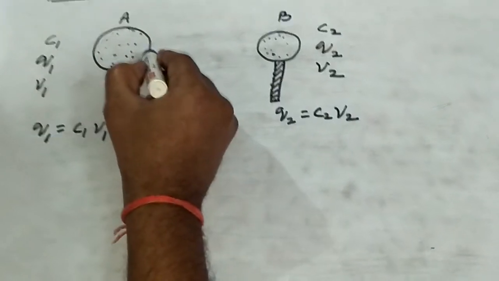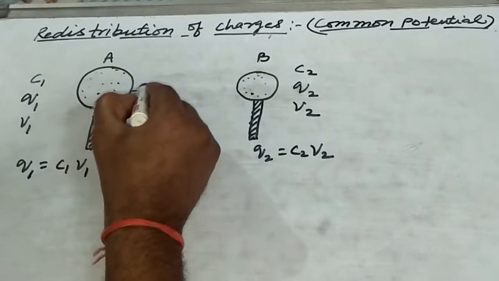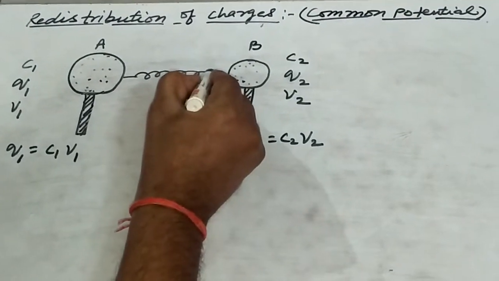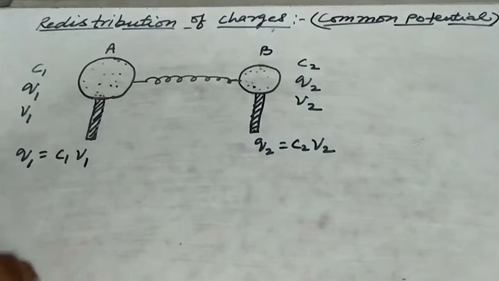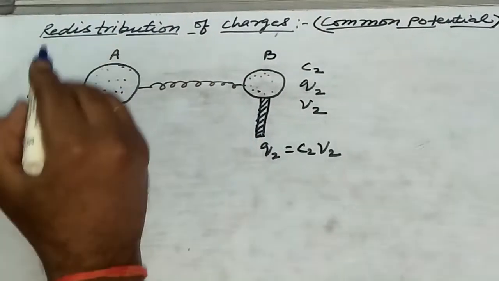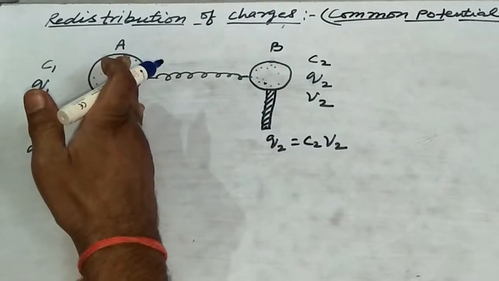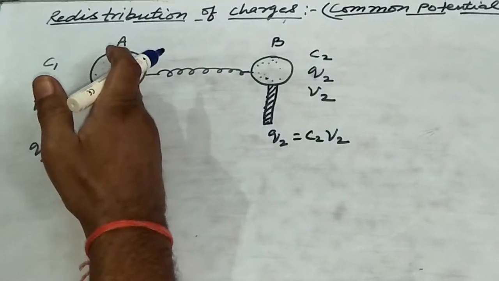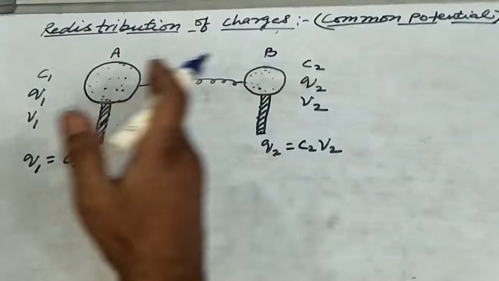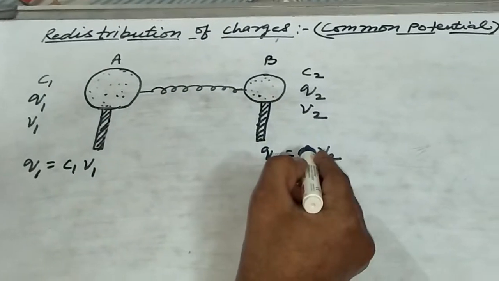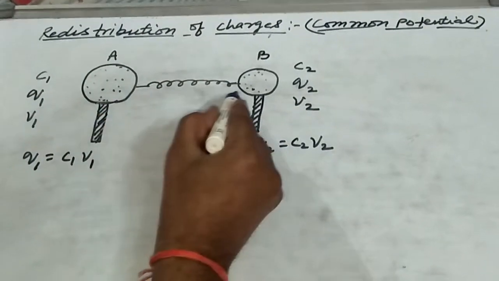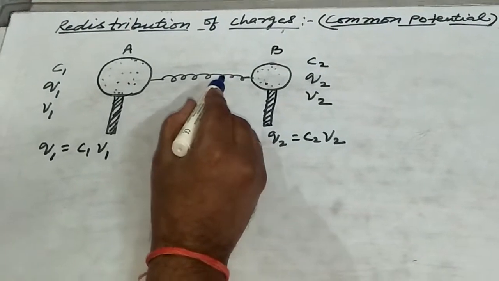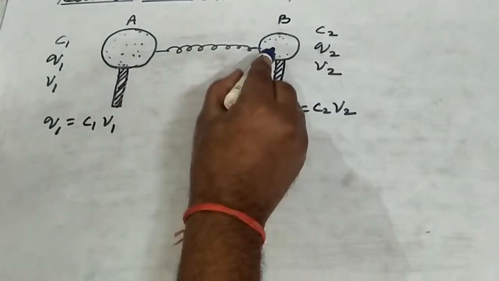Now if both conductors are joined through a thin conducting wire, then positive charge starts to flow from higher potential to lower potential till their potential becomes equal. And when their potential becomes equal, that potential is called the common potential.